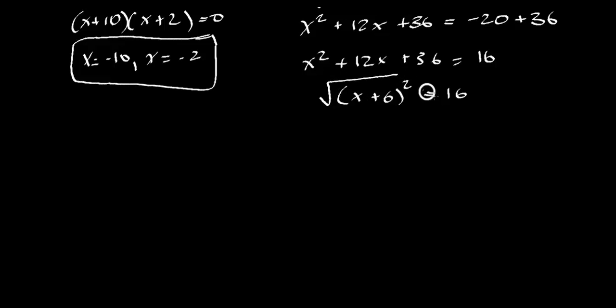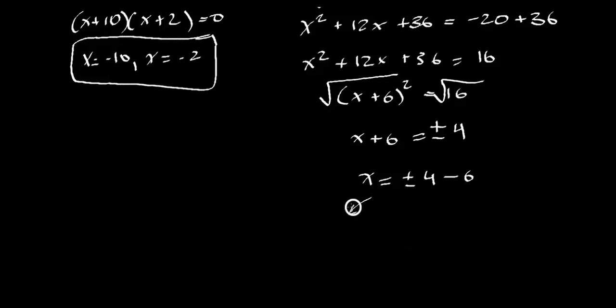So you would take the square root of each side. Square root, it's going to be plus or minus square root of 16 is 4. Okay? And so x will be positive or negative 4 minus 6. So this means that one of our x's is going to be positive 4 minus 6 is negative 2.